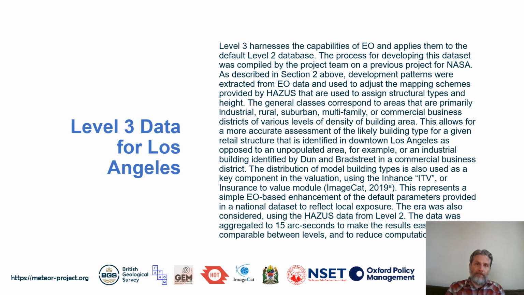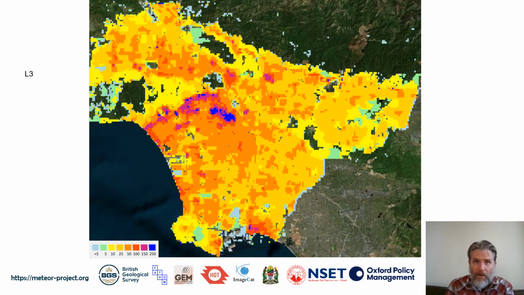So we did that as a level 3, and we also used, in that context, interpreted development patterns throughout the Los Angeles area to adjust the mapping schemes or structural classes of the buildings just a bit, not too much. And here's the level 3 data. You can see it doesn't look too different than the level 2 data, but a little more differentiation, particularly in the residential areas, these sort of orange swaths on the southern portion.